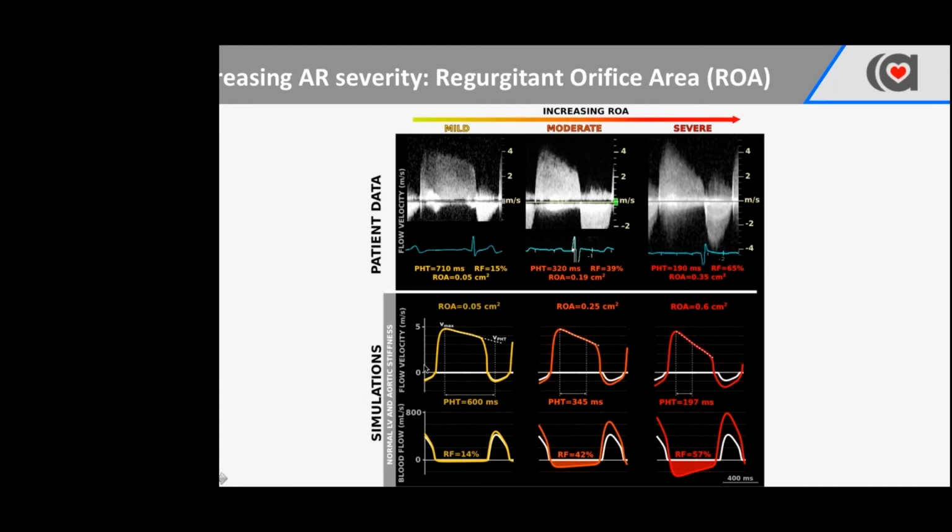But what we saw is that if you only use the steepness of the curve as a measure of the regurgitant orifice area, you get into a dangerous situation if you have a stiffer ventricle, because a stiffer ventricle also leads to an increased slope.